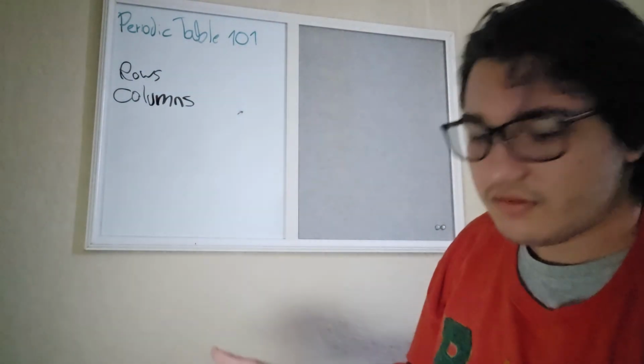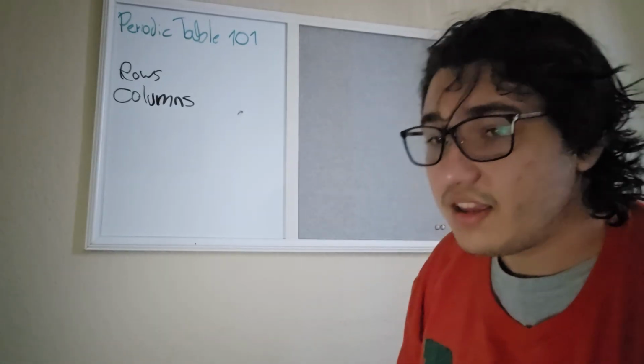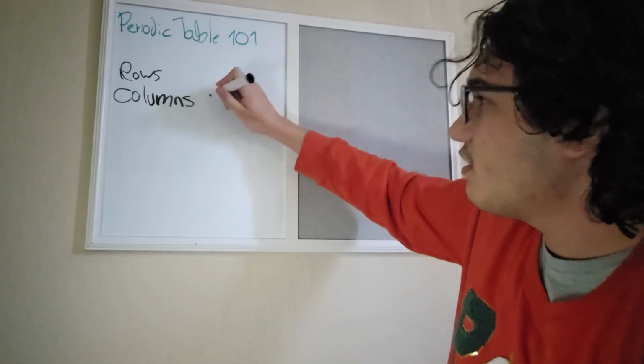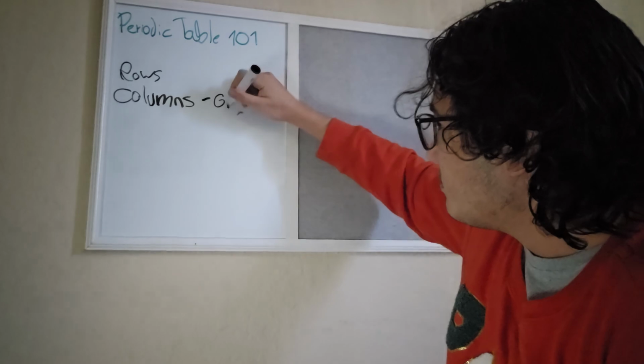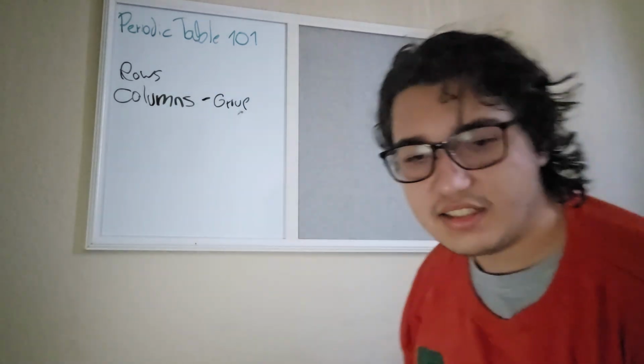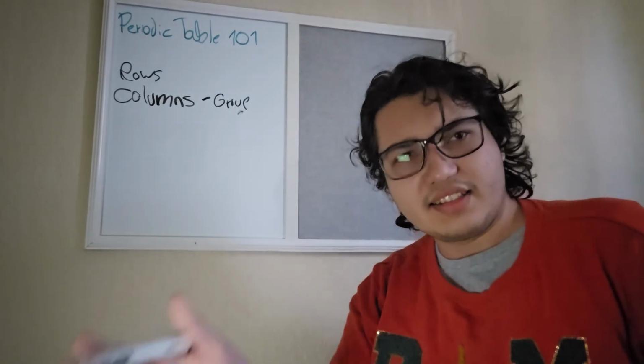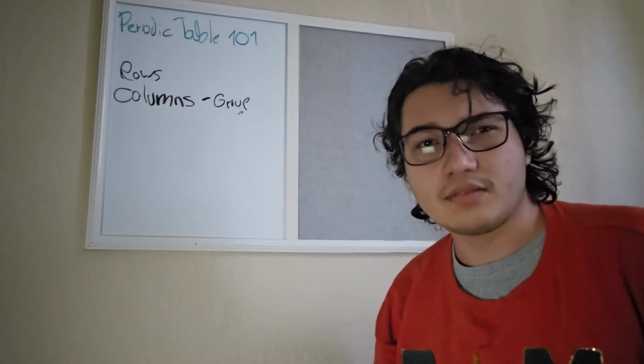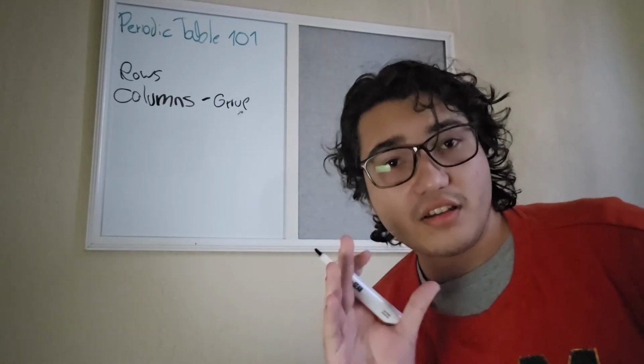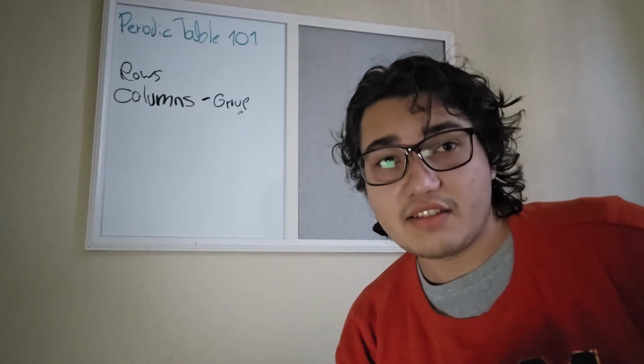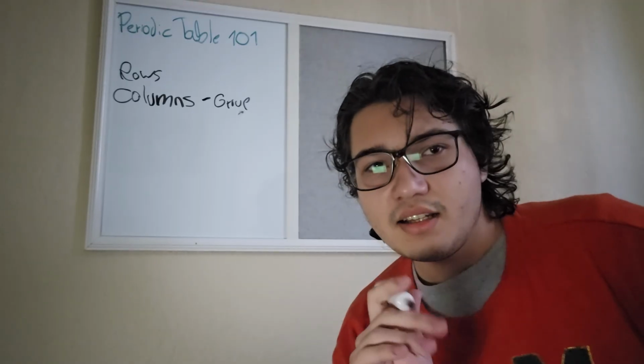So we use different words. For example, when it comes to a column, we use group, which makes sense considering the fact that that's kinda how groups are. Elements in the same group will share several different similar properties.